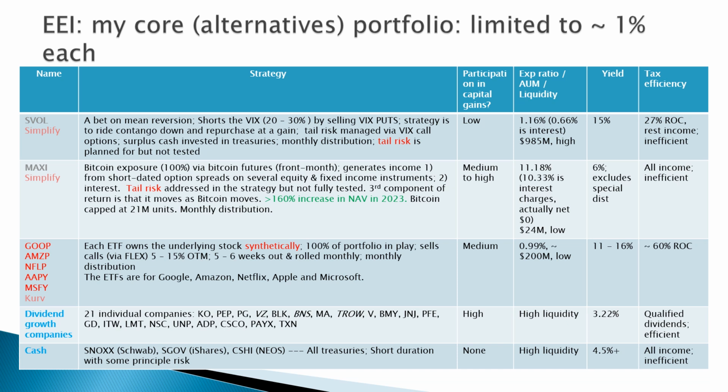SWAL is essentially a bet on mean reversion. What they do is they're betting on the VIX. VIX is the 1 month out value of volatility in the S&P 500.